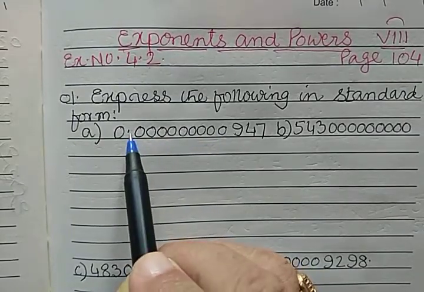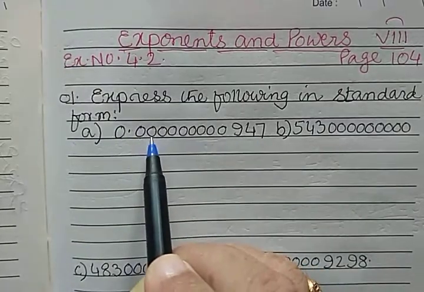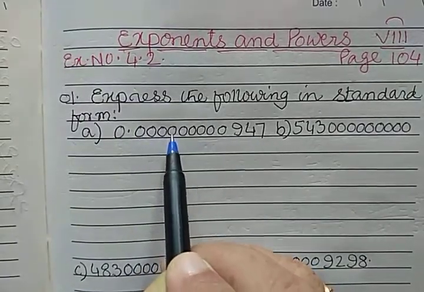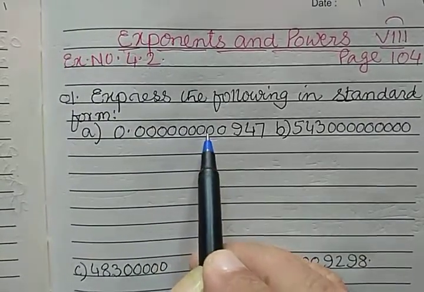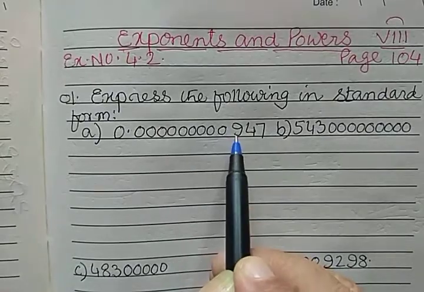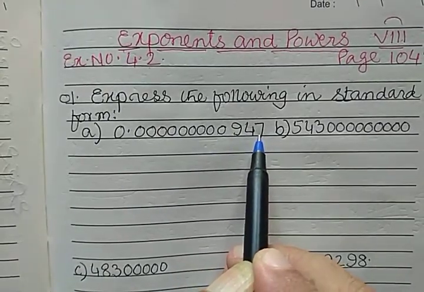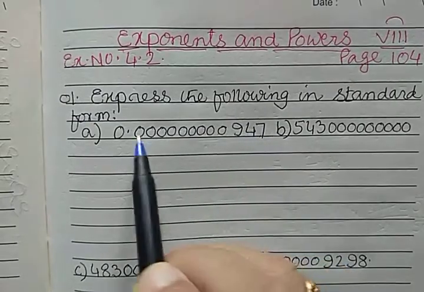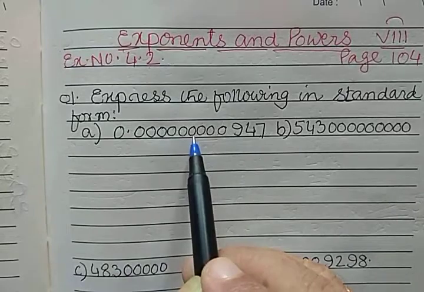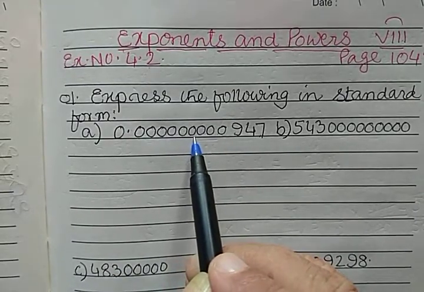Now count the decimal places: 1, 2, 3, 4, 5, 6, 7, 8, 9, 10, 11, 12. How many are there? 12. So, because this is a decimal number, in the denominator we have 10 to the power of 12.